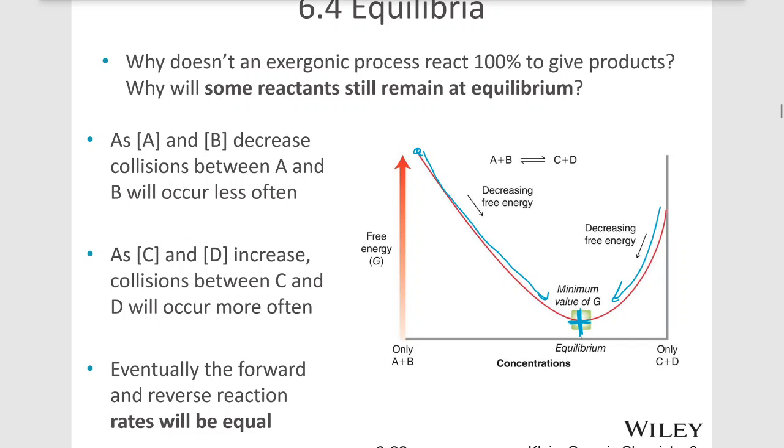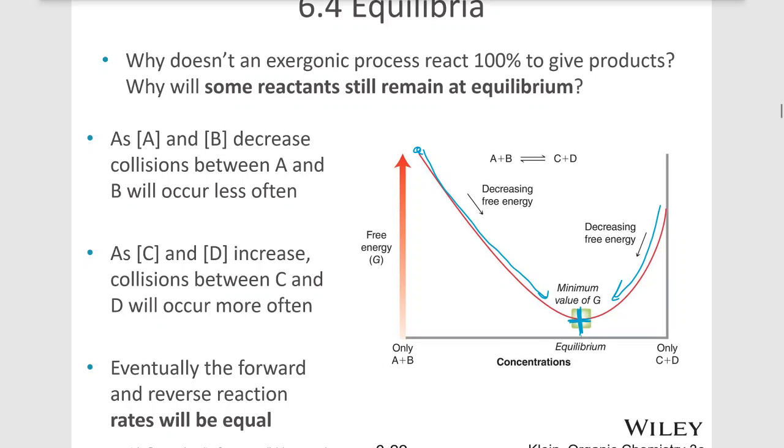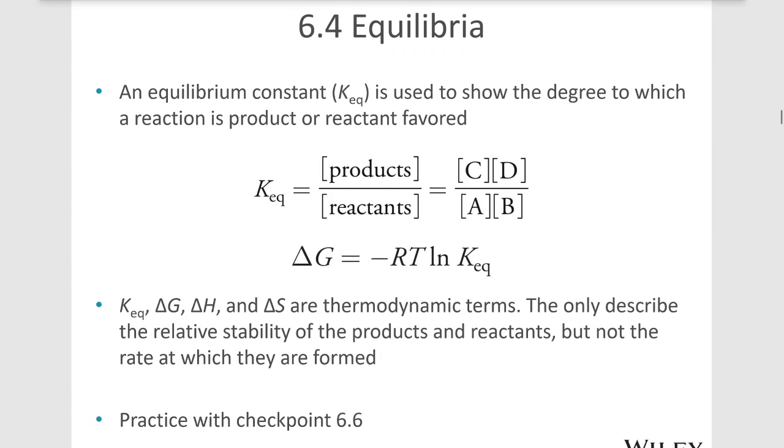Okay, so eventually we reach an equilibrium where the rate of formation of products is equal to the rate of the formation of the reactants, okay? But that's not the concentration.